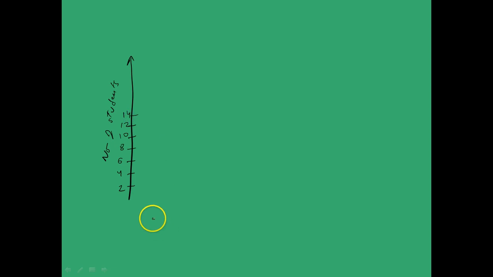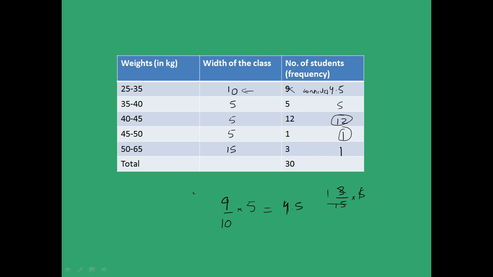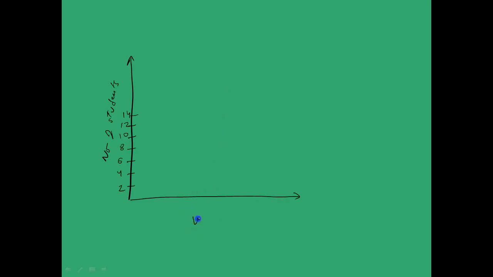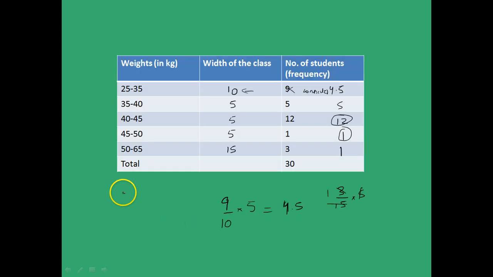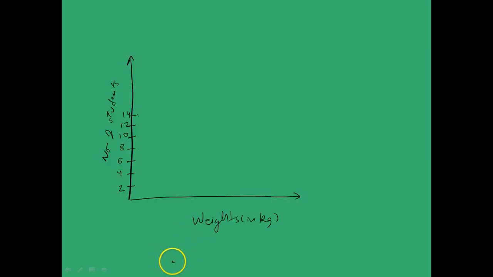Okay. And then on the x-axis, you have the weights. Right? Again, the data points here start from 25. So we'll draw a kink up until 25.